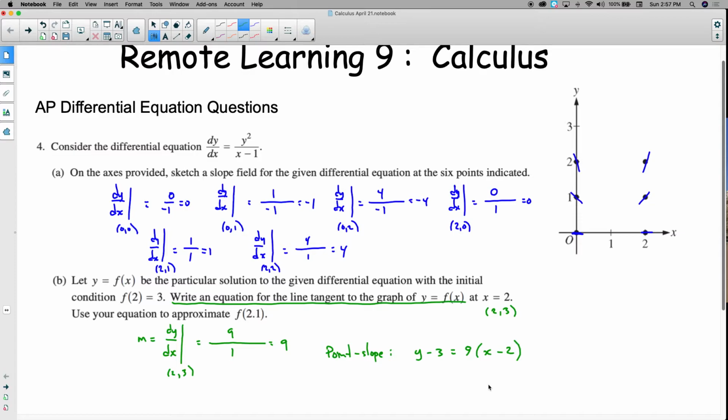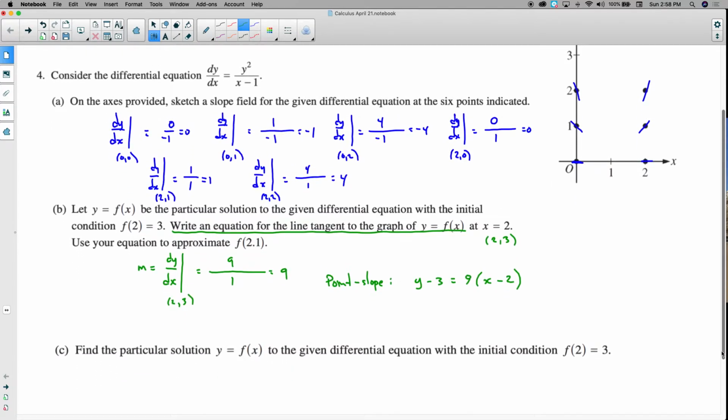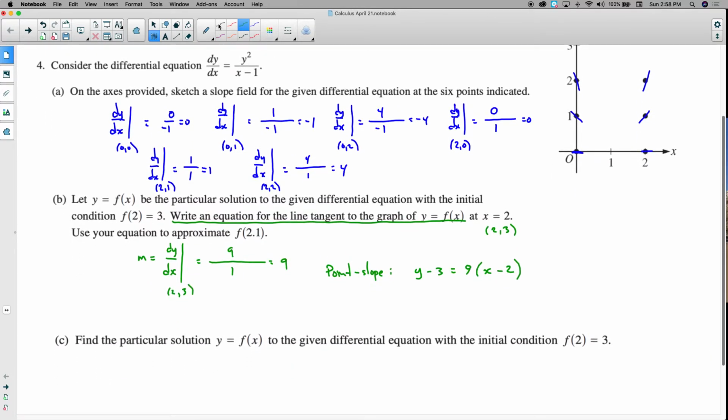I made quick work of that, but that is the equation of the line tangent to the graph of our function at (2, 3). All right, so we could rearrange this if they asked for it in y equals mx plus b form or whatever, but that's the equation for our line. I'm done.